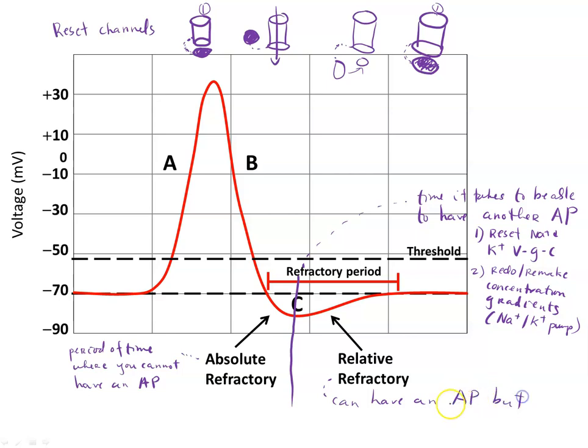But I really need a strong signal from the axon hillock to propagate a signal in this area for relative refractory period.